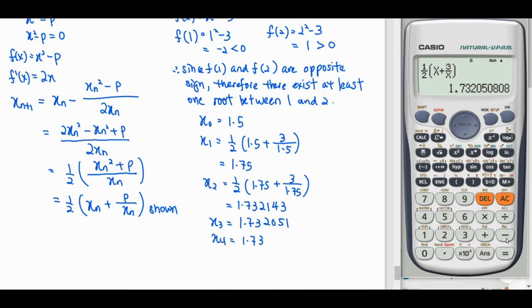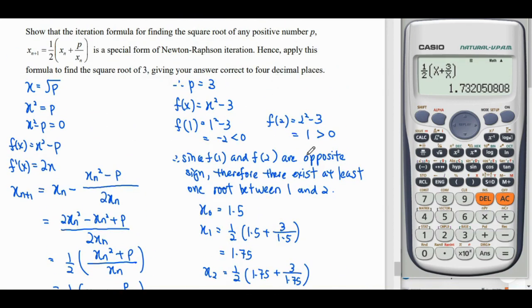Notice that our approximation of x is repeated. So from here we can conclude that for this nonlinear equation, the root is x equals 1.7321, where only here we round to 4 decimal places as the question requests.